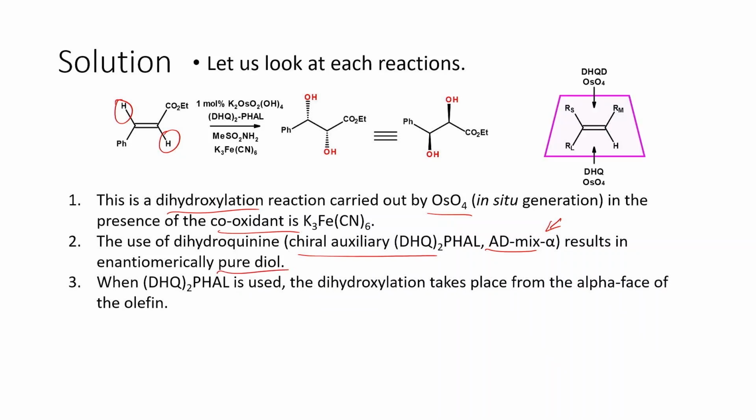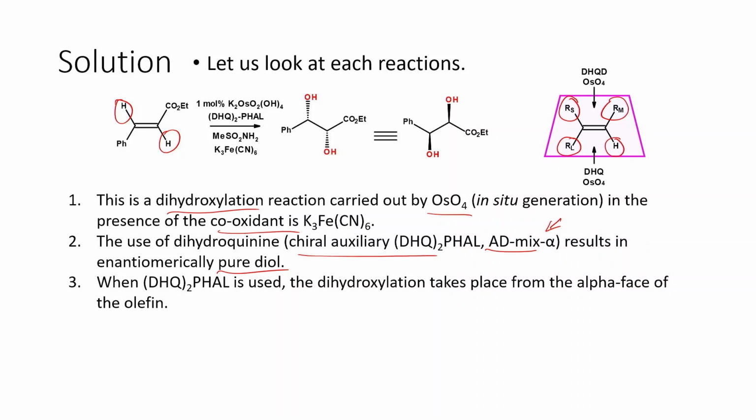So then how do we know what is the bottom face, what is the top face? On the right hand side, we had actually drawn a small scheme showing how we have to keep the molecule. The smallest R group is kept at the top and the hydrogen is kept at the bottom corner. Then the large group is on your left bottom, and the second, medium size alkyl or whatever the substituent is, is kept on the right corner.